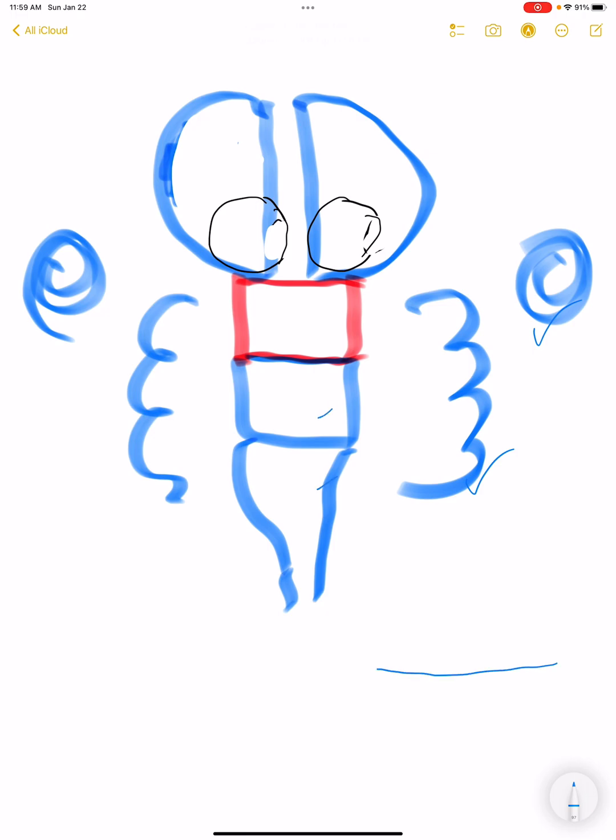That's going to push the eyes to center. The opposite side is going to do the same thing.